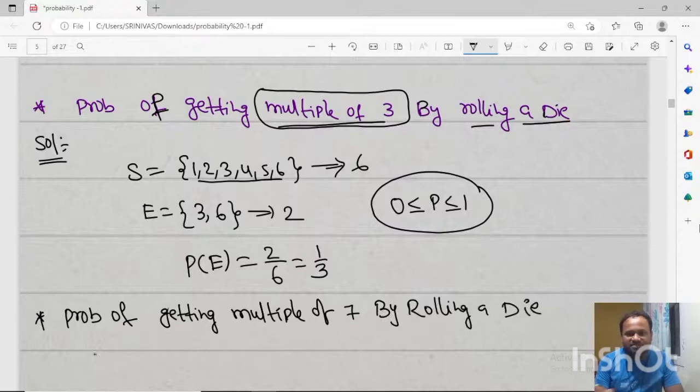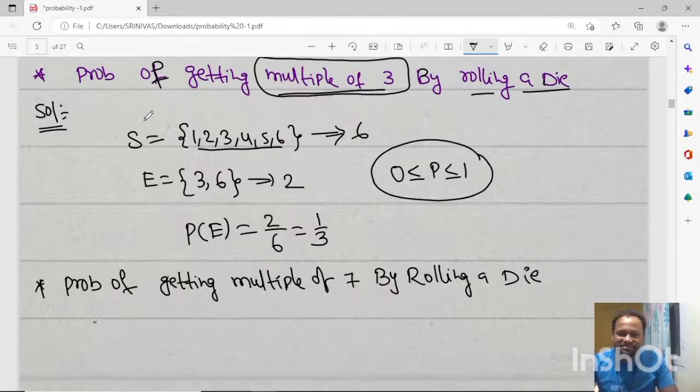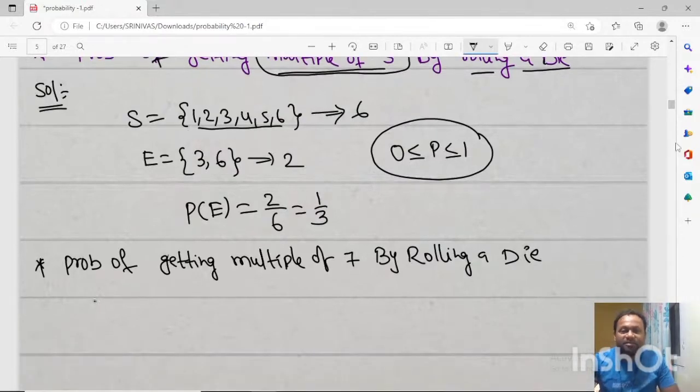This is the question. Anybody can guess? Multiple of 7 by rolling a die. Check it once. By rolling a die, we need to get a multiple of 7.